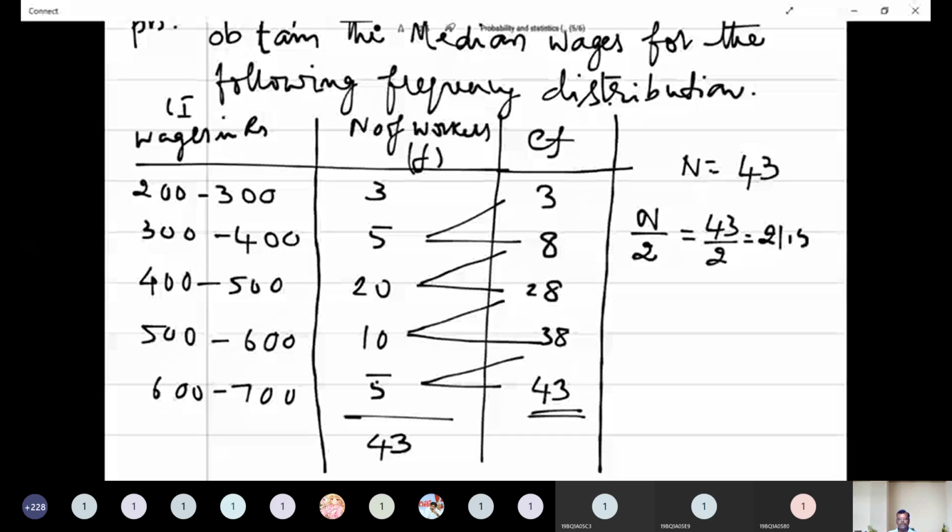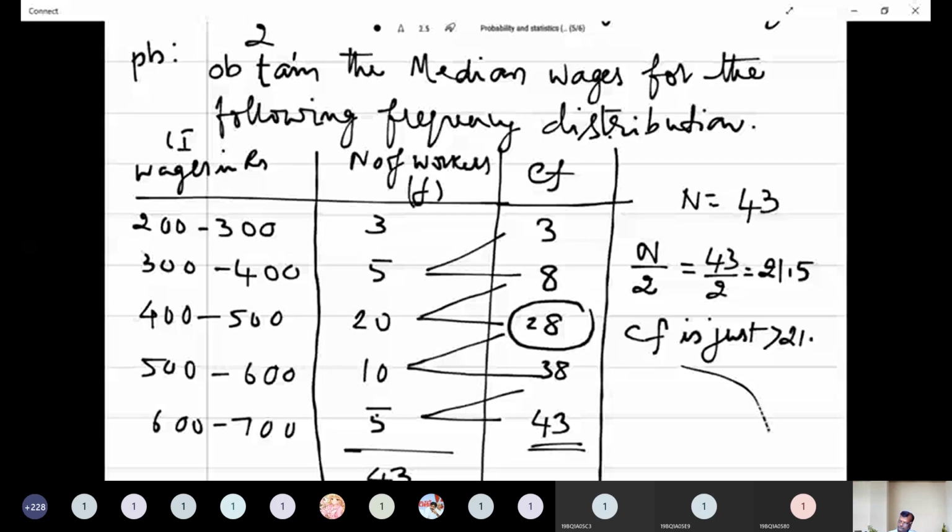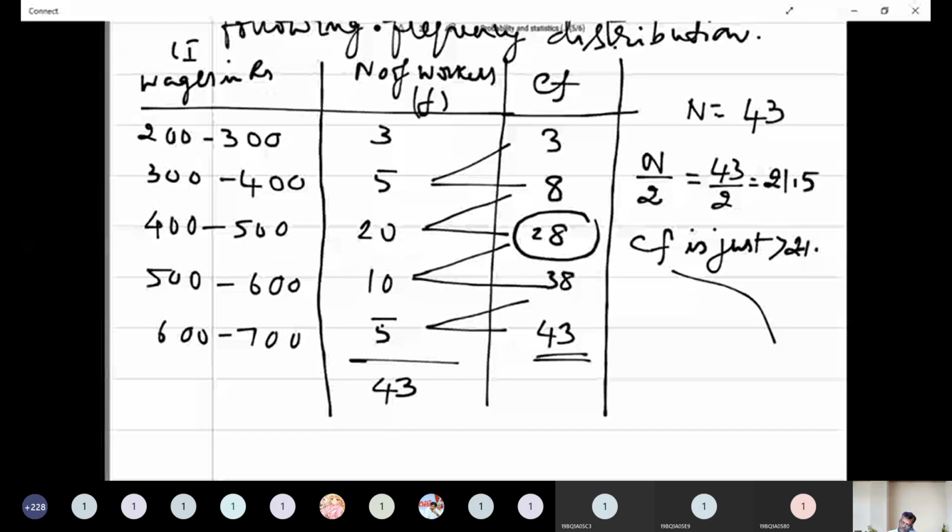Now we look for the cumulative frequency just greater than 21.5. Where does it lie?